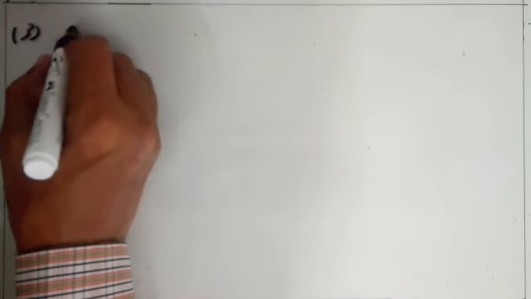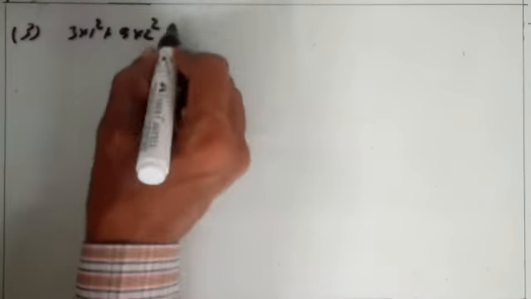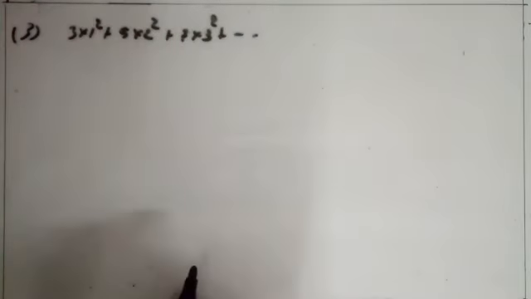Find the sum of 3 into 1 square plus 5 into 2 square plus 7 into 3 square plus up to n terms.